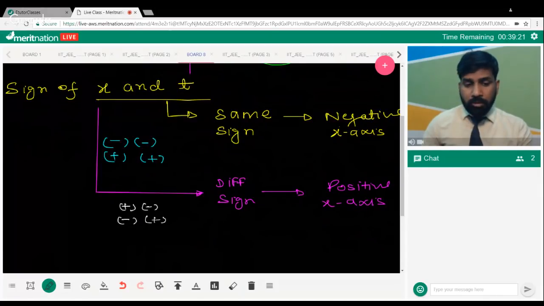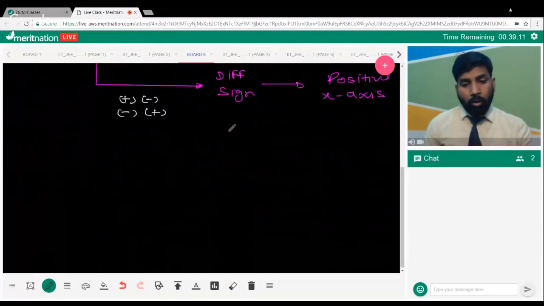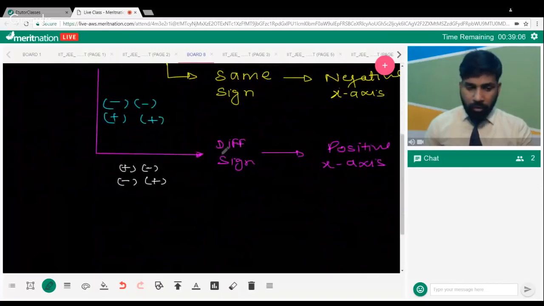So this is the way we can find out the direction in which the given wave is traveling. One more thing, we can also find the magnitude of the velocity of the wave. Let me give you the formula.